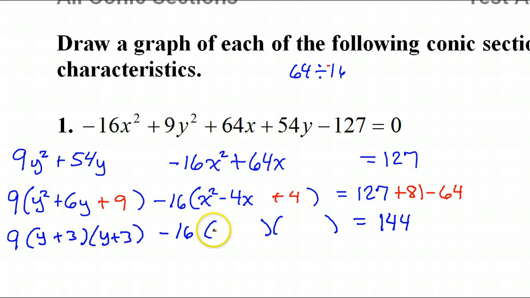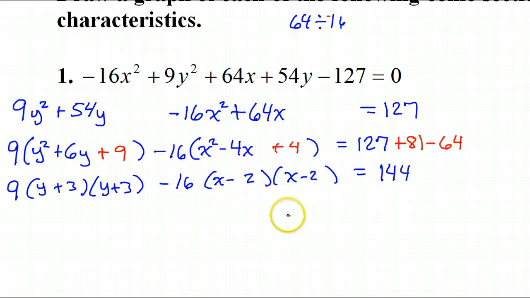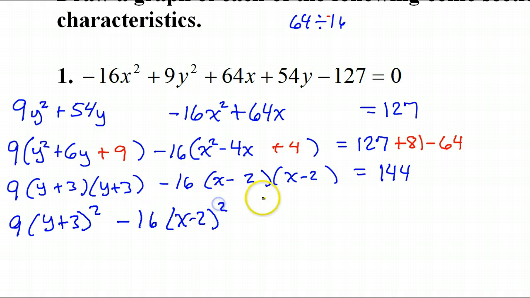You're guaranteed to get the same thing twice when you complete the square like this. So this will be x minus 2 twice. So that makes this 9 times y plus 3 squared minus 16 times x minus 2 squared equals 144.